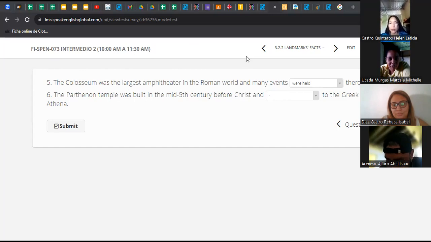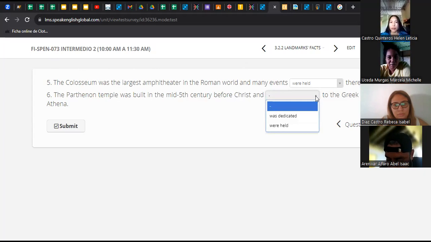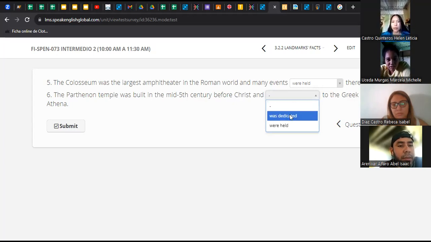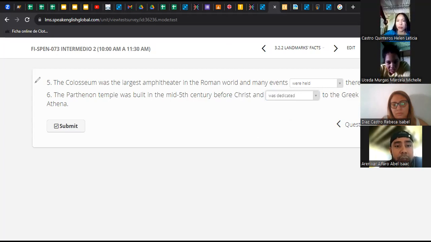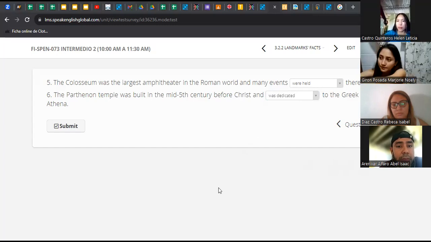The Parthenon temple was built in the mid 5th century before Christ and was dedicated to the Greek goddess Athena.